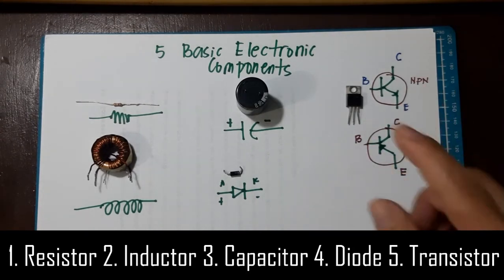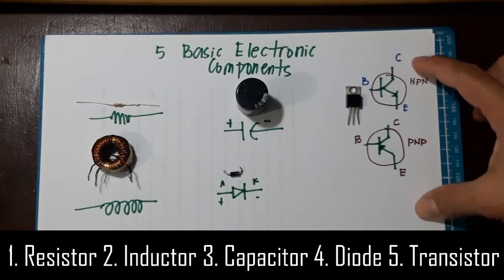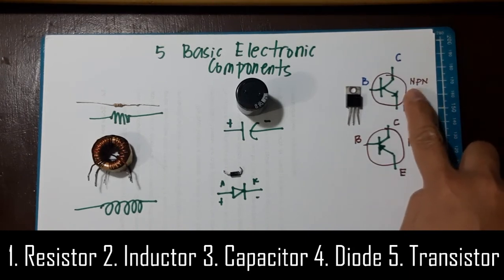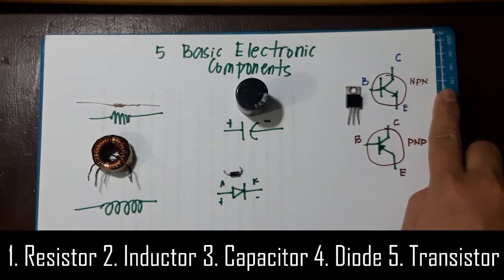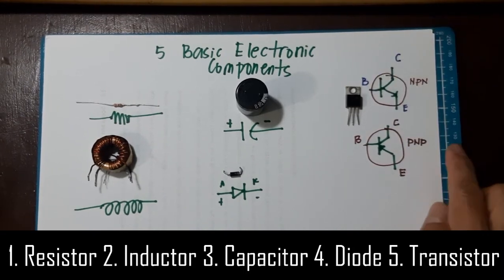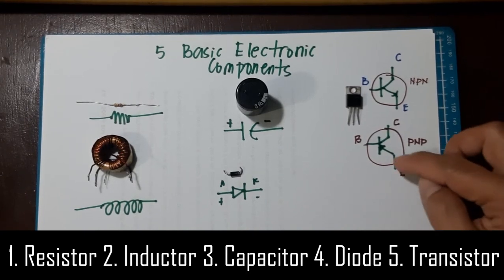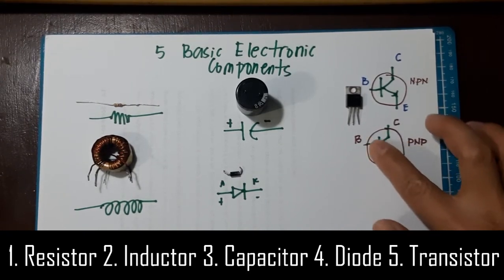Now, to remember if a transistor is NPN or PNP based on its schematic symbol, you can say NPN is "not pointing in," so this one is not pointing in towards the base. PNP can be remembered as "pointing in," so this one is pointing in towards the base.